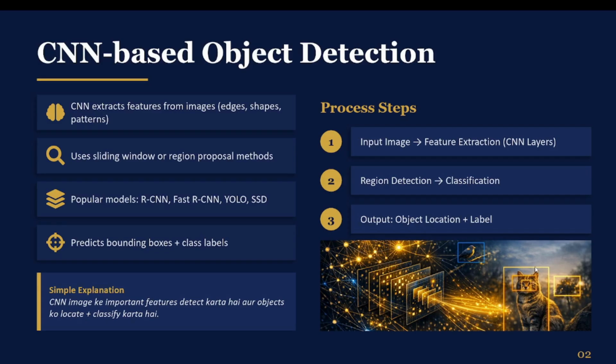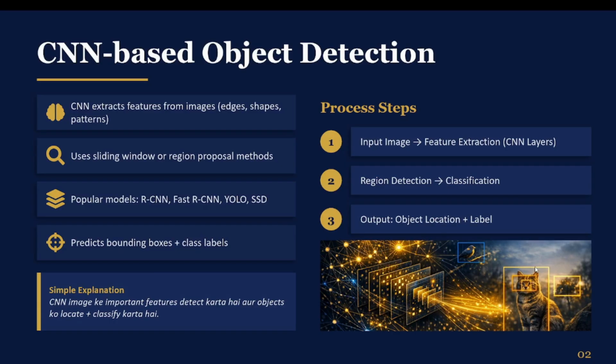Second, the model identifies regions within the image that are likely to contain objects and classifies the content of those regions. Third, the final output is produced, which includes both the bounding box coordinates, a rectangle drawn around each detected object showing its location and size, and the class label, the name or category of the detected object, such as car, person, or dog.